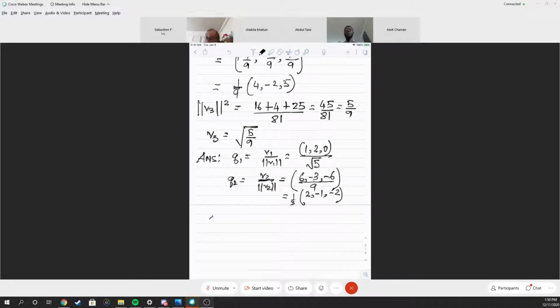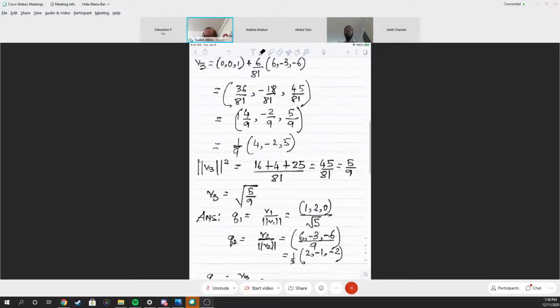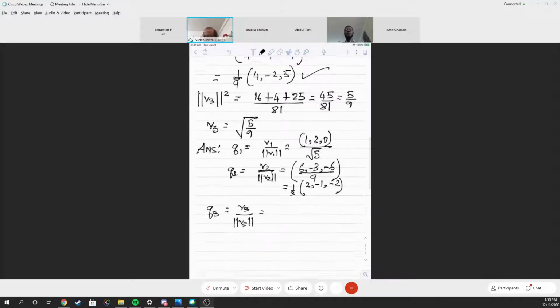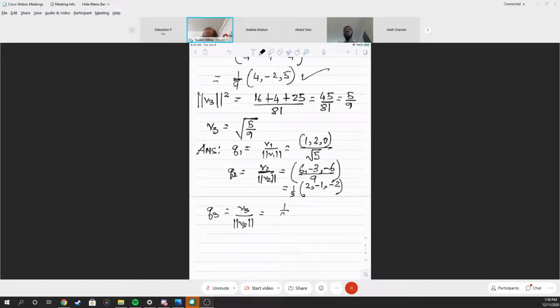And Q3 is V3 upon norm of V3. So V3 is 1 upon 9, (4, -2, 5), upon norm of V3, that is upon square root of 5 upon square root of 9.